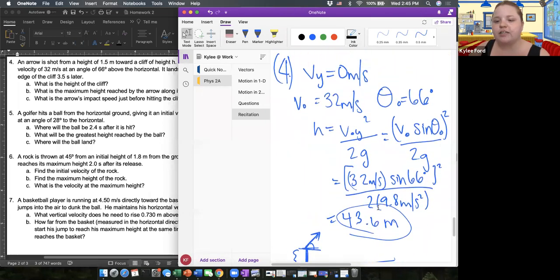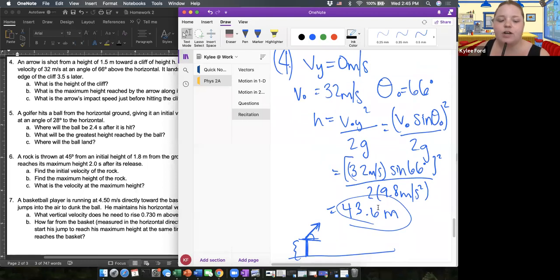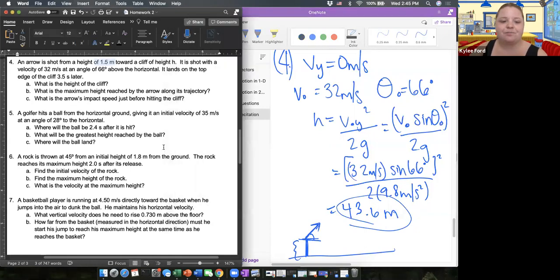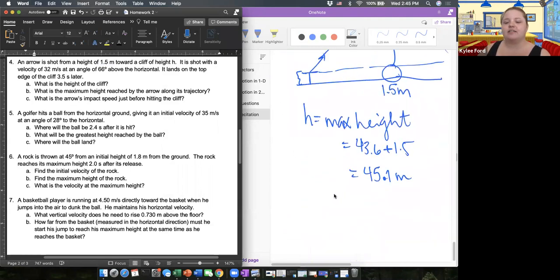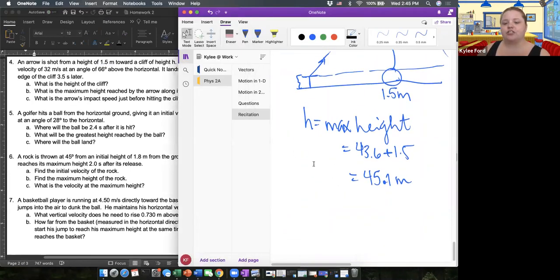I think our brains kind of think that this stuff is so hard that we forget to simplify it. That's probably what I did for number 7, why I can't solve it right now. Don't overthink things. I tend to do that a lot. So that would be my whole maximum height for that trajectory, and that's from the ground.